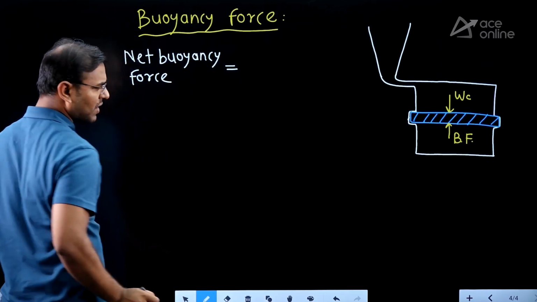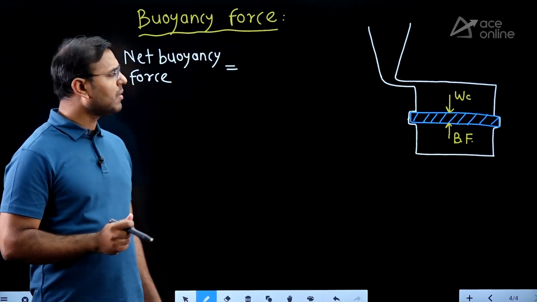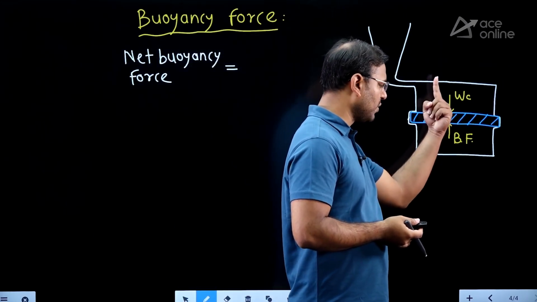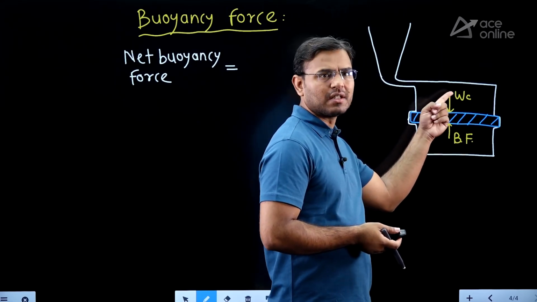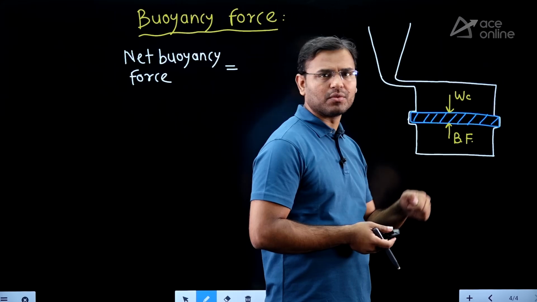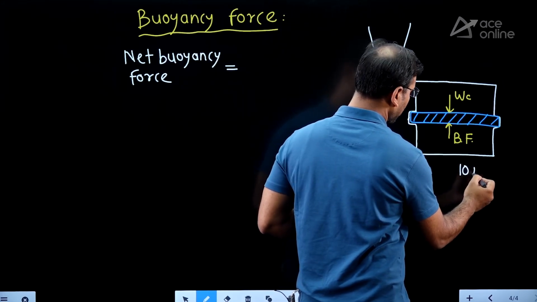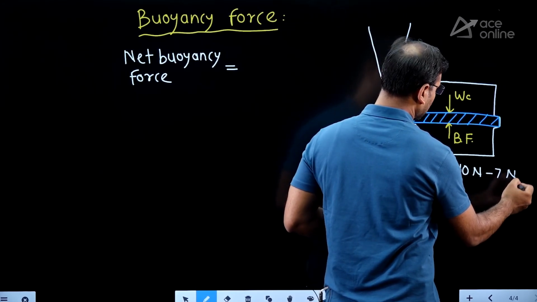Guys, what does net buoyancy force mean here? You can see that the buoyant force acts in the upward direction, and the weight of core acts in the downward direction. Just consider that the buoyant force is 10 Newton upward, and the weight of core is 7 Newton, then what is the answer?